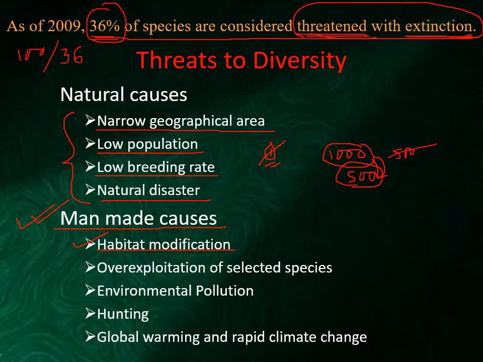Second is over exploitation of selective species. Sometimes we use certain species at a very high rate. In your daily life, you may see a famous example, the hilsa fish. In our childhood days, we saw individual hilsa fish of about 1 kg to 2 kgs.